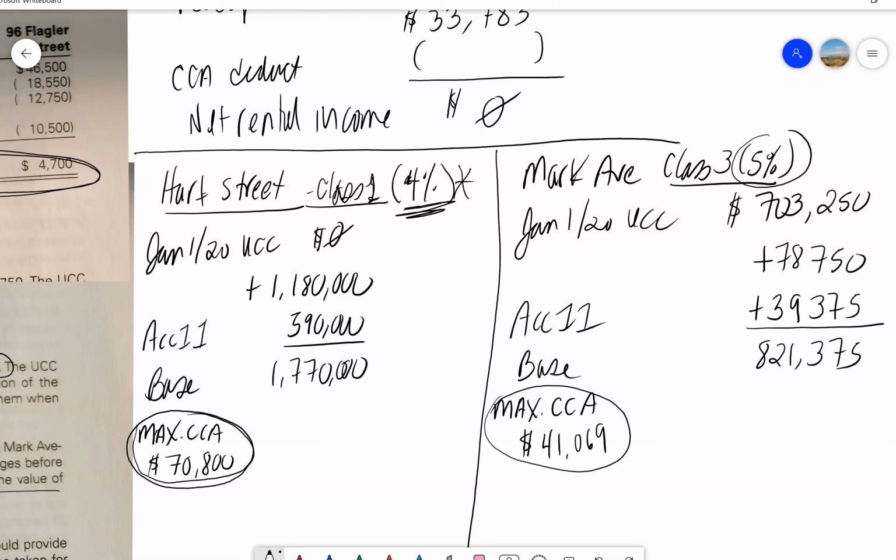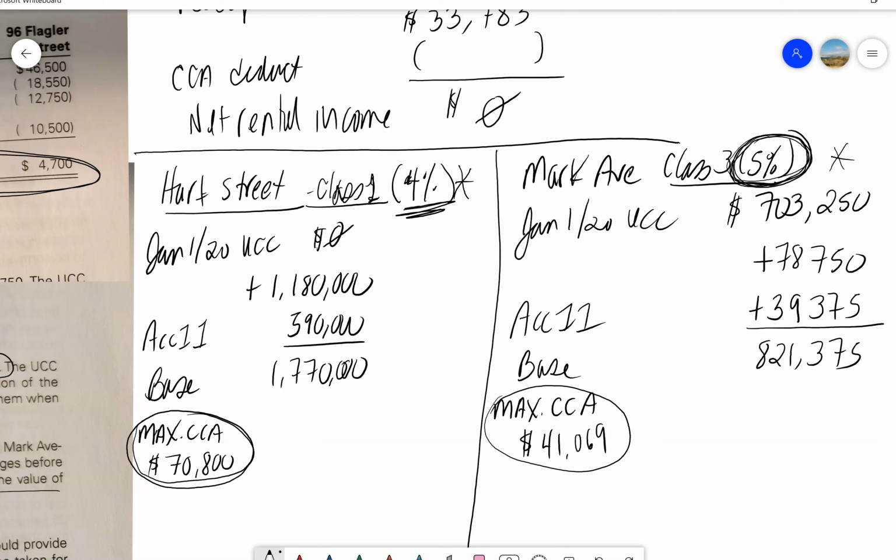The reason is that that would save the greater CCA deductions in the higher rate class for the future. Because in the future years, class 3 will give a 5% deduction, whereas class 1 will only give a 4% deduction. So by taking it from the lower rate class, that's going to preserve the higher deductions in the 5% class 3 category for future years.